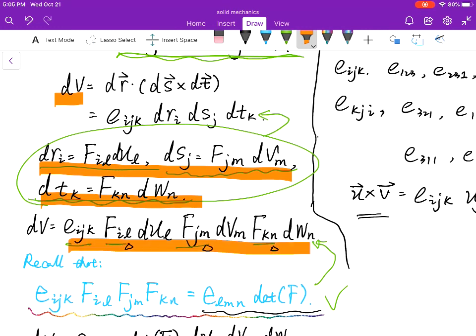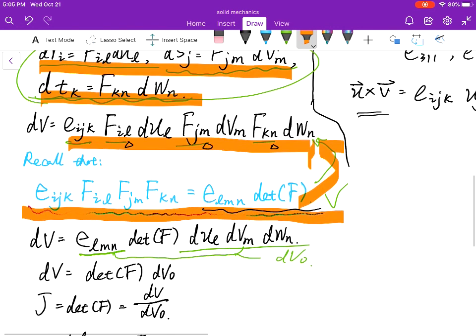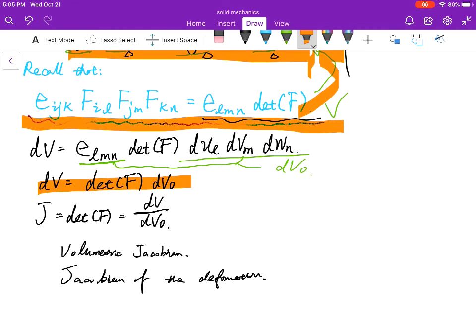And recalling this very important relation and substituting it into the dv equation, we get simply dv equal to the determinant times dv naught. So naturally we got this volumetric Jacobian, the Jacobian of the deformation gradient tensor J, equal to the determinant of F, and equal to the volume change dv over dv naught per unit volume.